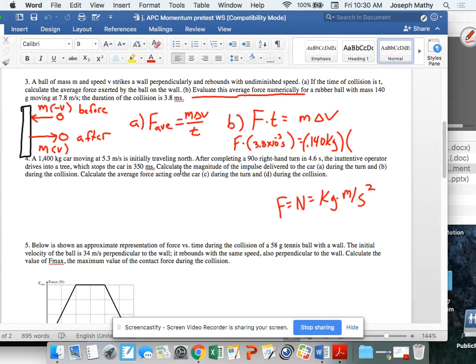We've got the m standing outside of our change in velocity. So now we're looking for v final. My final velocity is 7.8 meters per second. Final velocity minus my initial velocity. Look how crazy that is, people. So we're going to end up doubling the number 7.8 to get our answer.